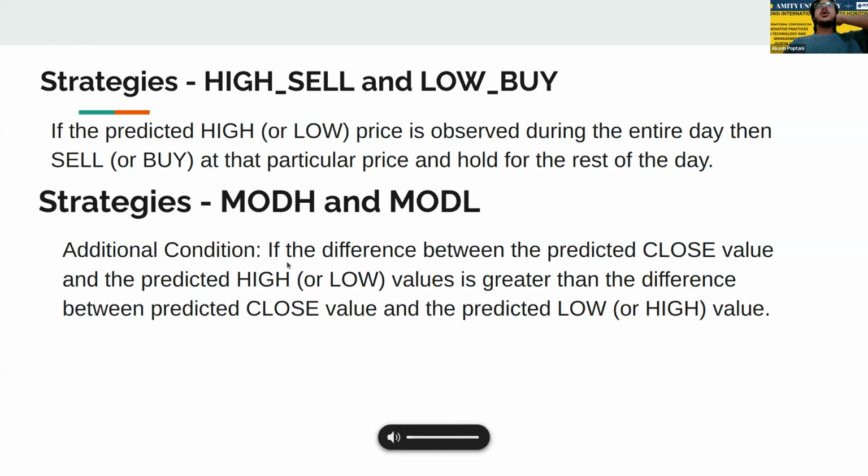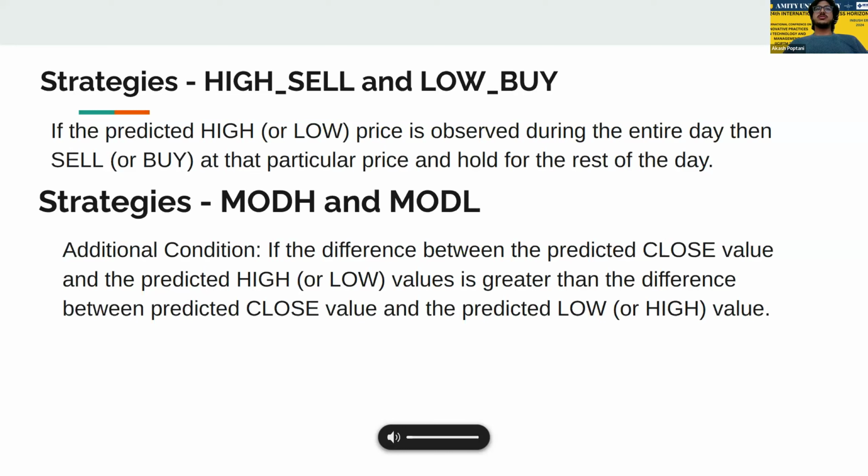So the mod H strategy says that if the difference between the predicted high and the predicted close is greater than the difference between the predicted close and the predicted low, only then will I execute the trade. So these strategies are more selective than the previous two strategies. Then we see that these strategies are way more selective, so we need to find a middle ground in between them.